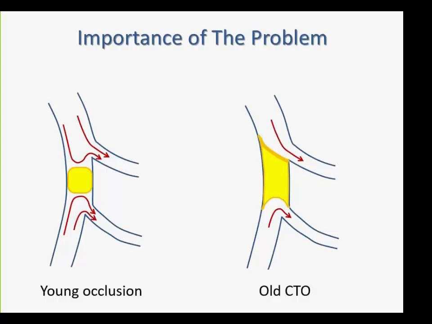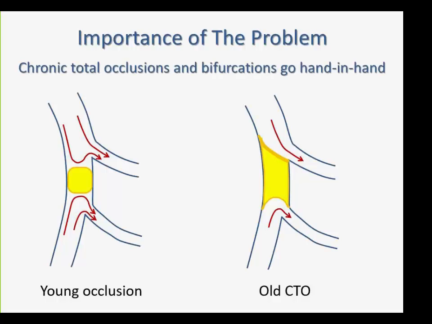So there is a flush occlusion at the proximal branch, and typically there is a concave distal cap from below. Sooner or later, all the occlusions will grow, will increase in length to the neighboring side branches. So practically we can say that chronic total occlusions and bifurcations go hand in hand.